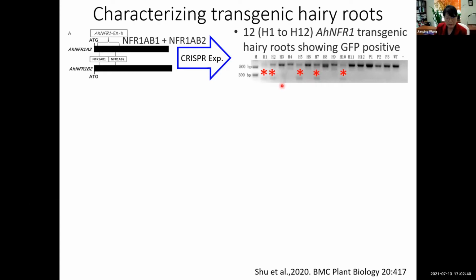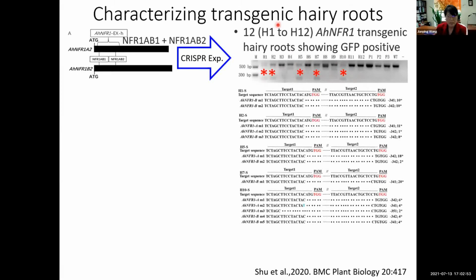And interestingly, we noticed 5 of the events actually have 2 amplicons, one of a smaller size and the other of a bigger size. So we cloned those amplicons into the vector and then picked 20 clones randomly for Sanger sequencing to see the genome editing.